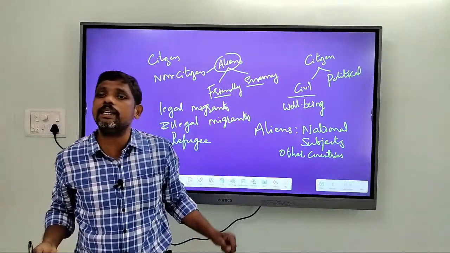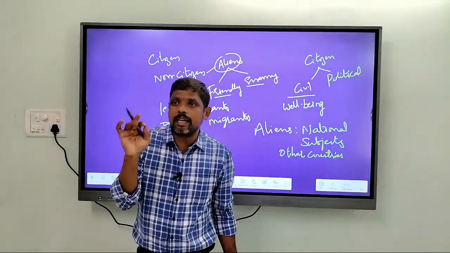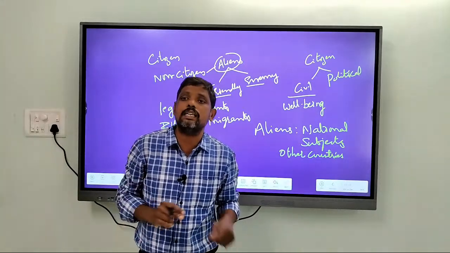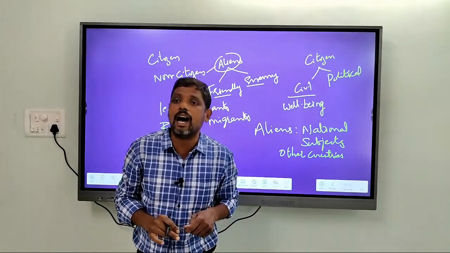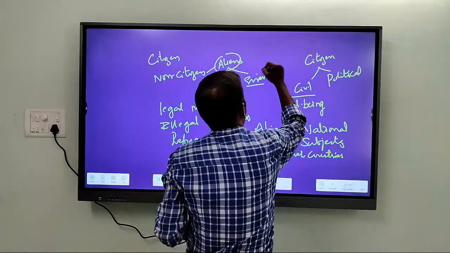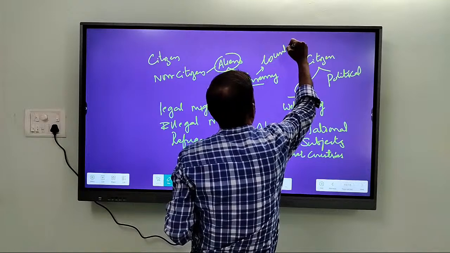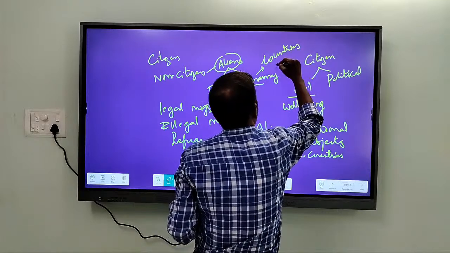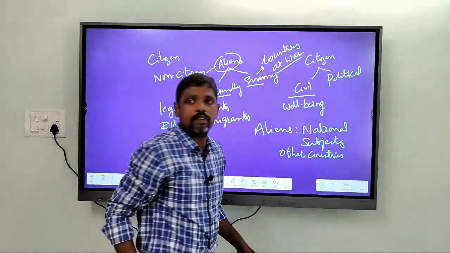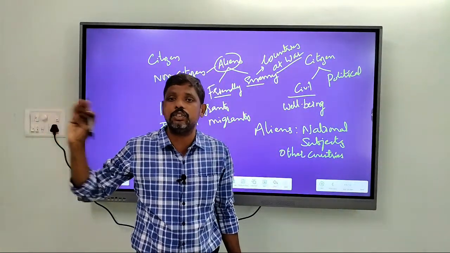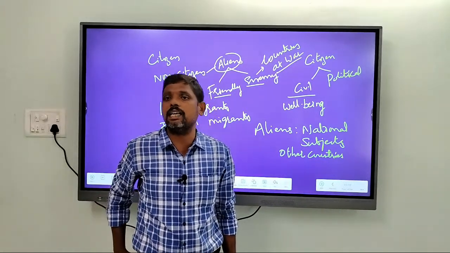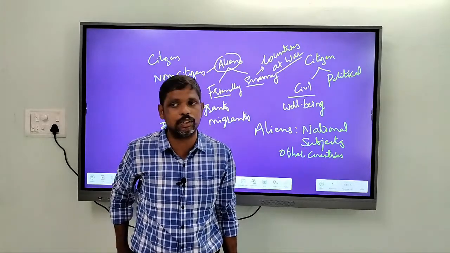What do you mean by enemy countries? Enemy countries are those countries which are at war with India. So how many countries have fought a war with India? Pakistan and China. That means nationals of China and Pakistan are treated as enemy aliens.